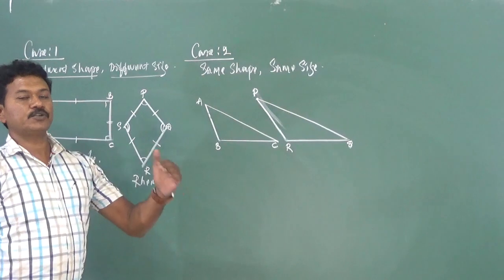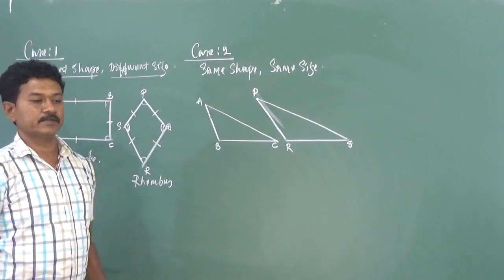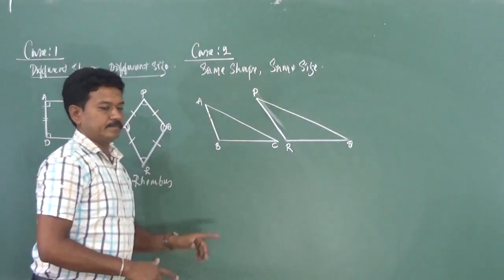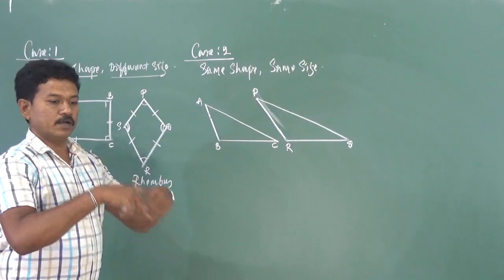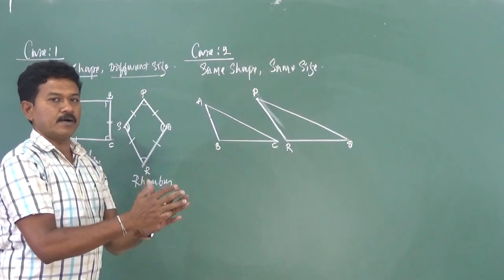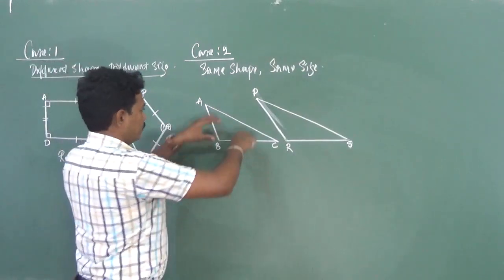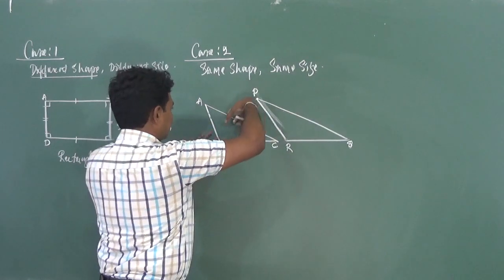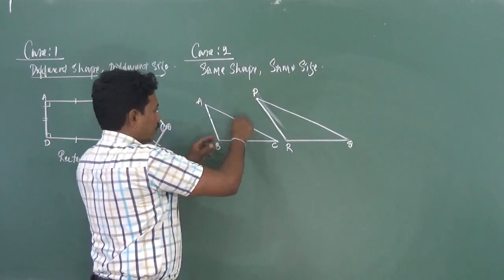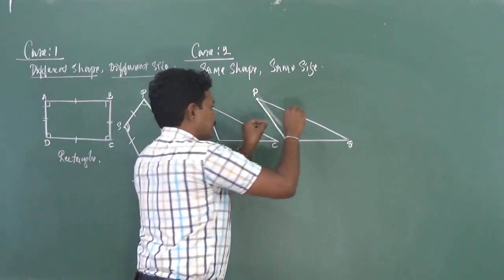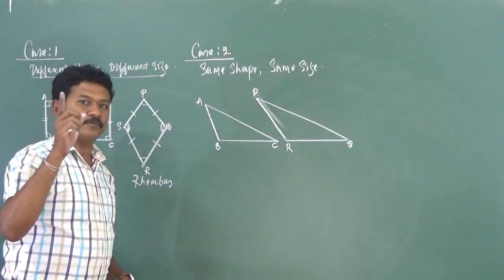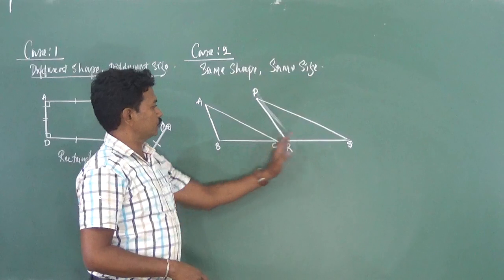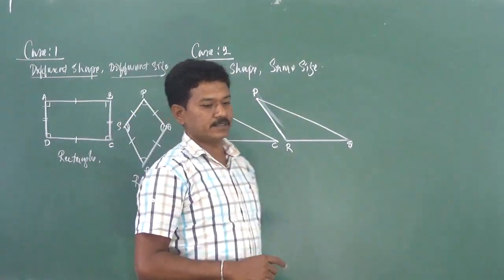So when do two geometrical figures become congruent? Without twisting or bending, without squeezing or enlarging, when you keep one geometrical figure on the other, and if they fit exactly, then those two geometrical figures can be called congruent.